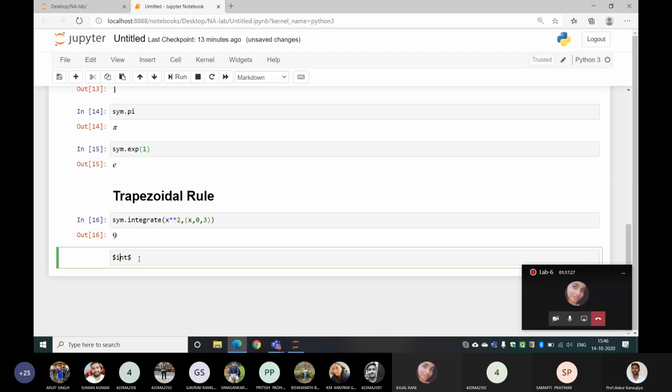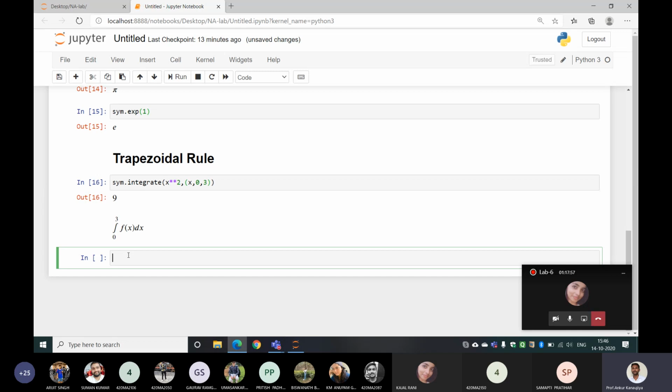Integration, lower limit is 0, upper limit is 3, f of x dx. So this is the integration I want to do by trapezoidal rule.